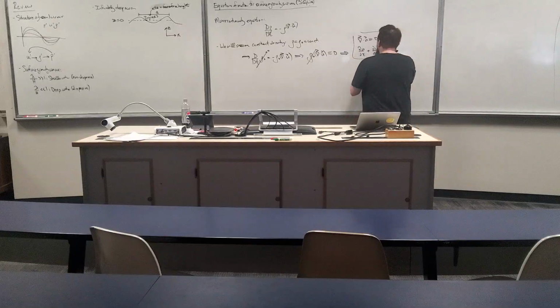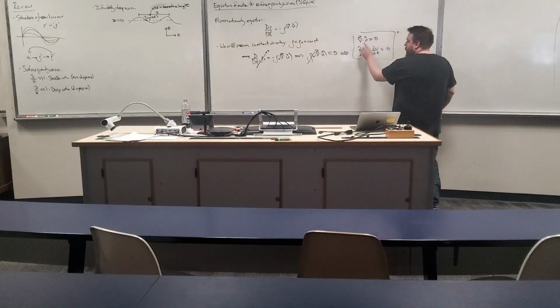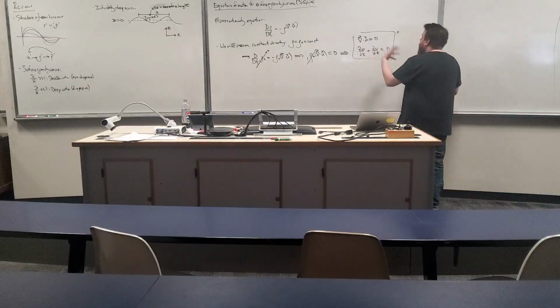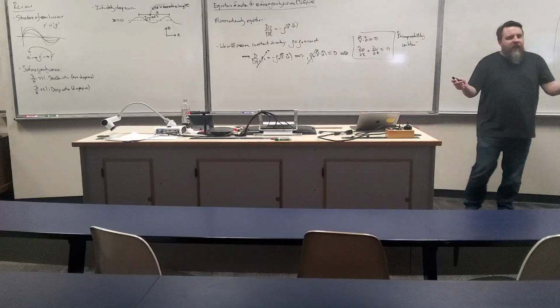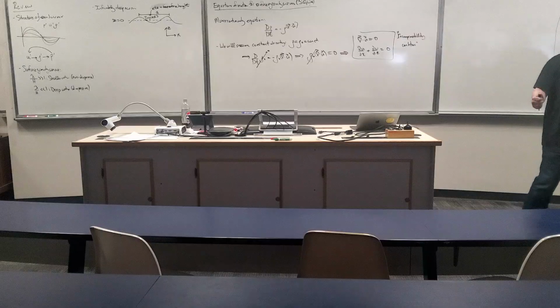When we make this approximation of constant density, we get the equation that the divergence of u equals 0, and that has a special name. It's called the incompressibility condition. It implies this idea that you can't really squeeze water to make it denser.